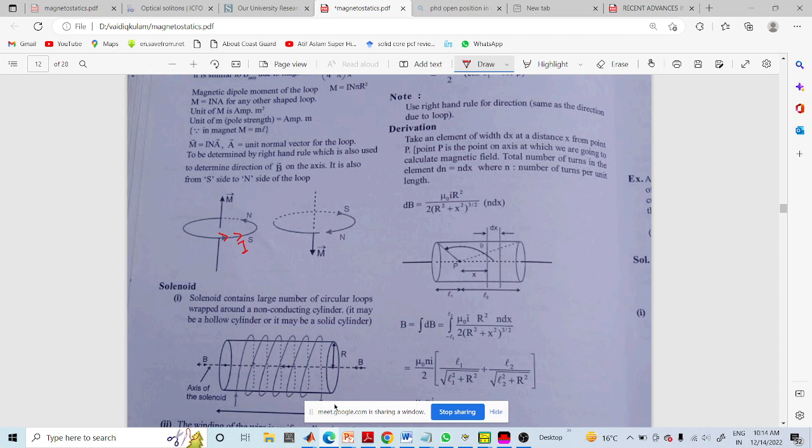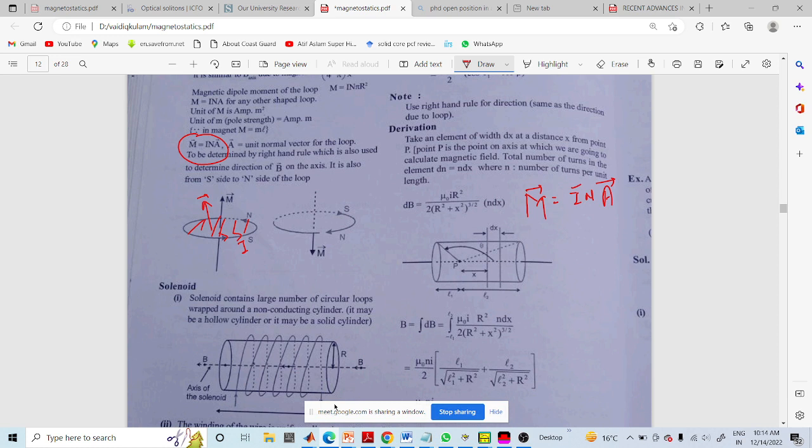This is the loop and this is area A. What will be the unit vector of this area? It will be in this direction. Whatever the direction of the unit vector of area, that will be the same direction as M. Look at this one. I want to write bigger: M equals I, that is current, n, that is number of turns, and A is the cross-section area.